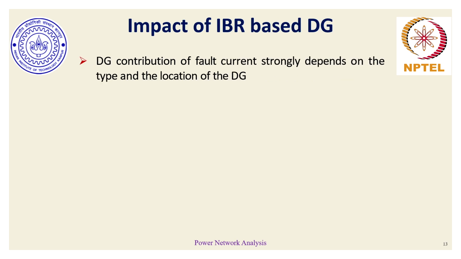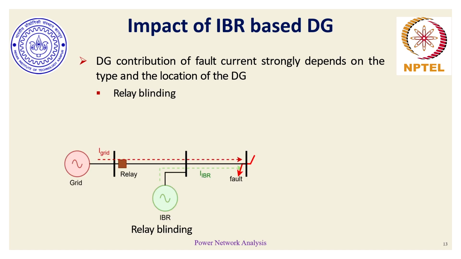Now, with inverter-based resources present, the fault current contribution from the inverter-based resources does create its own issues. One such example of relay blinding is shown here. A fault has occurred on this particular section, and since inverter-based resources do not contribute much current to the fault, the majority of the fault current contribution is from the grid side.